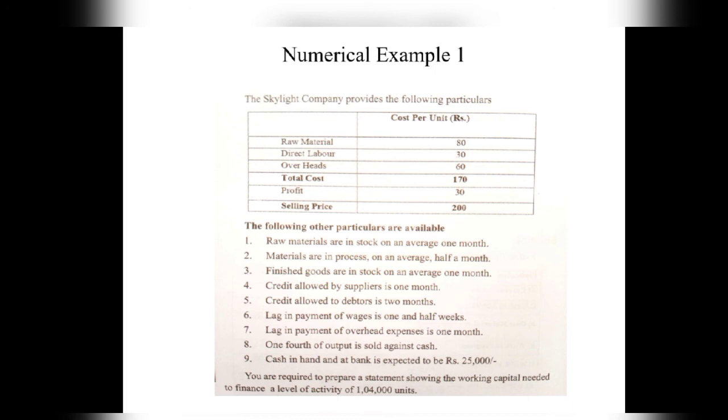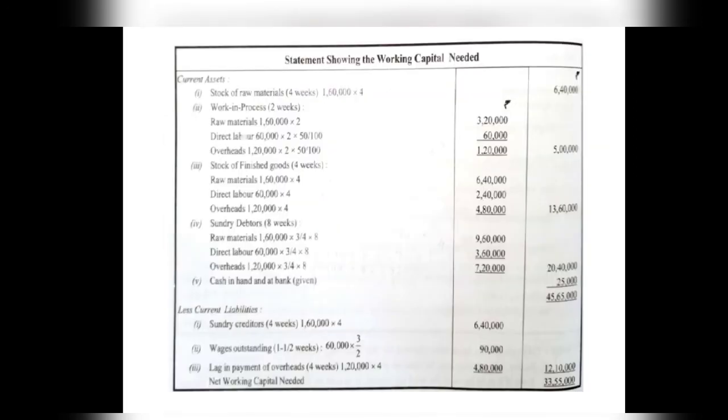So they give us a 1 month period. We are going to make a delay in payment of 1 month. So it will be 4 weeks. And from the suppliers we purchase only raw materials. So while calculating the creditors, we take the cost of raw materials. So here sundry creditors, we write in brackets 4 weeks, and we take the cost of raw materials 1,60,000 per week into 4 weeks. So it comes to rupees 6,40,000.